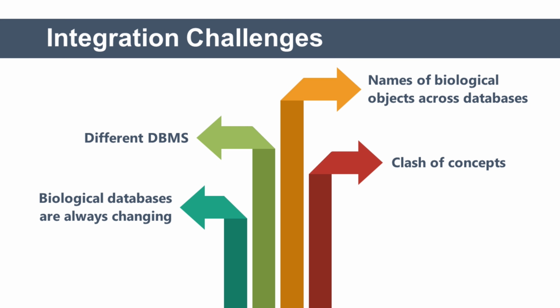There are many integration challenges. One of the most difficult is the one that might seem the most minor. How do you assign and maintain the correct names of biological objects across databases? For example, consider the DNA damage checkpoint pathway gene that is named RAD24 in Saccharomyces cerevisiae, or budding yeast. Saccharomyces pombe fission yeast also has a gene named RAD24 that is involved in the checkpoint pathway.